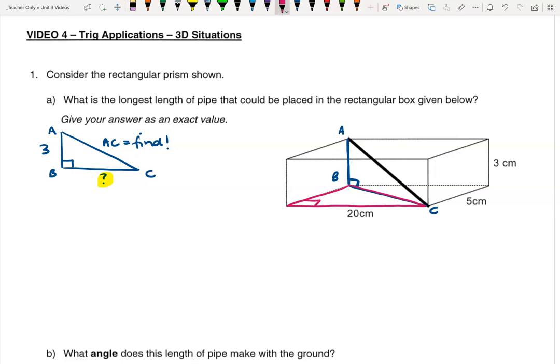It's a bit hard to imagine that this would be a right triangle, but if you grabbed a rectangular prism around your house or in the classroom like a tissue box and actually looked at the rectangle on the base of that tissue box, we're calling these points B and C. We want to find that length BC that runs diagonally, so that would therefore mean that we're using those edges of that tissue box base, which means the base of this is a length of 5 and a length of 20. So in fact, we can find this length BC.